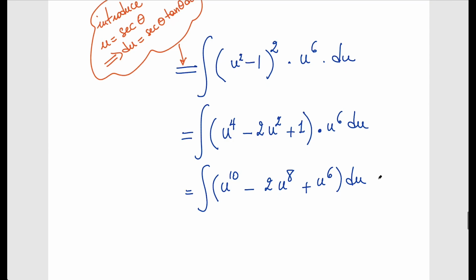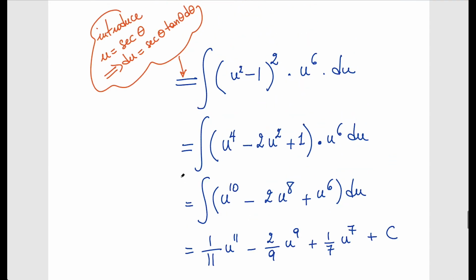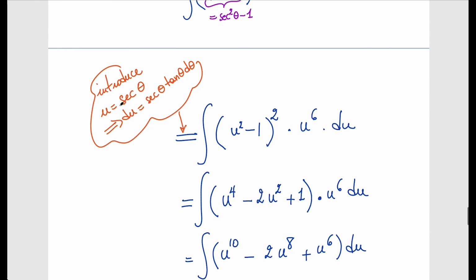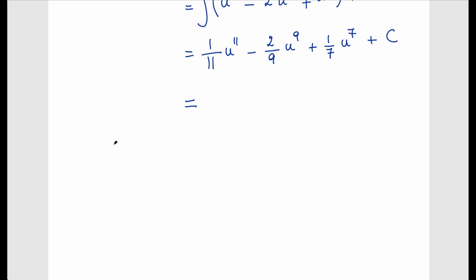Okay, and this is 1 over 11 u to power 11 minus 2 over 9 u to power 9 plus 1/7 u to power 7 plus a constant of integration. And the final step obviously is to rewrite what u means in terms of the problem. It's simply sec of theta.